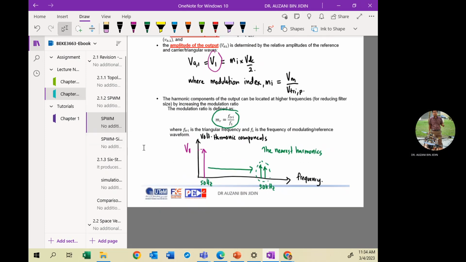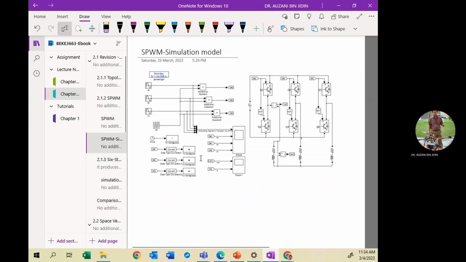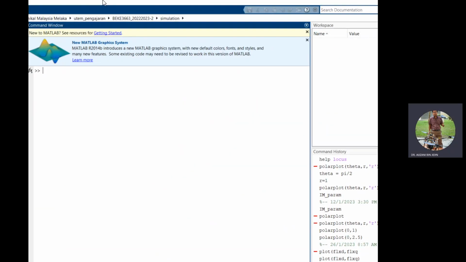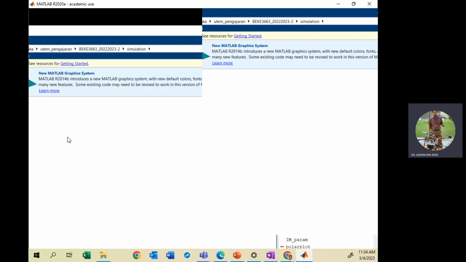Then, next page, simulation. So maybe I need to open MATLAB first. Here is the MATLAB software.